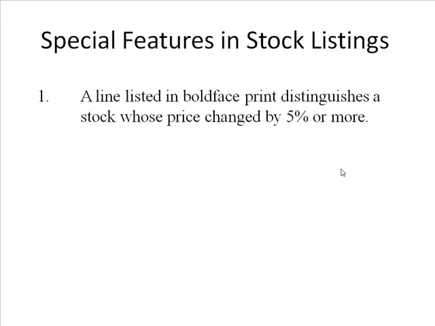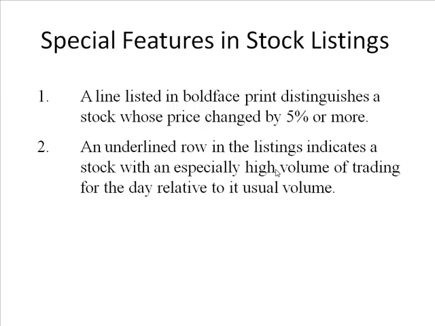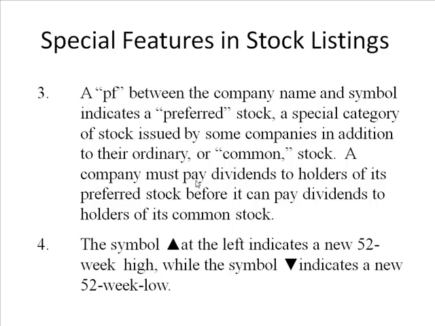If a line is listed in boldface, it distinguishes it as a stock whose price changed by 5% or more. An underlined row indicates a stock with an especially high volume of trading relative to its usual volume. A PF between the company name and symbol indicates a preferred stock.